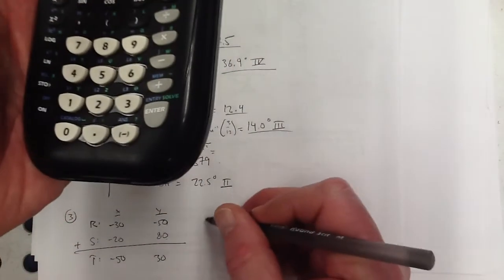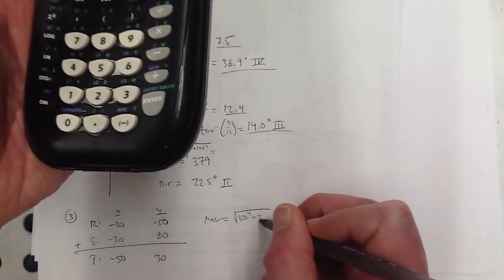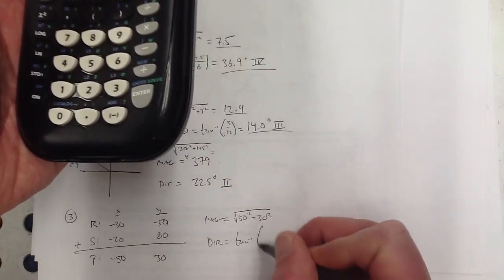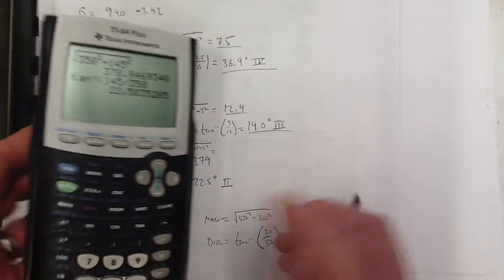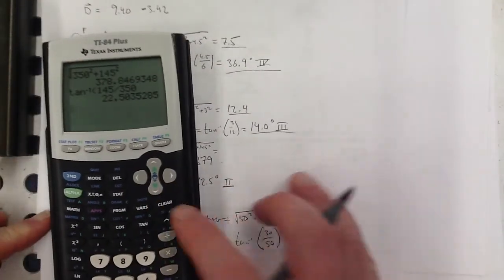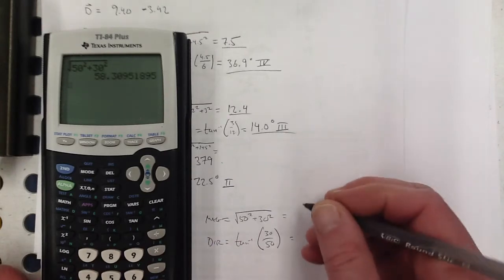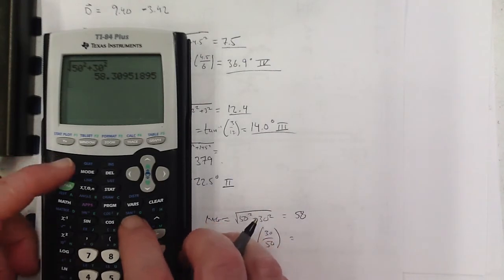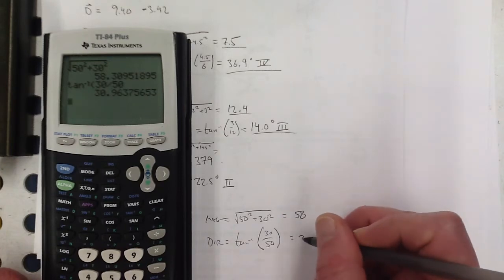So magnitude is square root of 50 squared plus 30 squared, and the direction is tangent inverse y over x. So let's call it 58. And then tangent inverse, 30 over 50 is about 31 degrees.